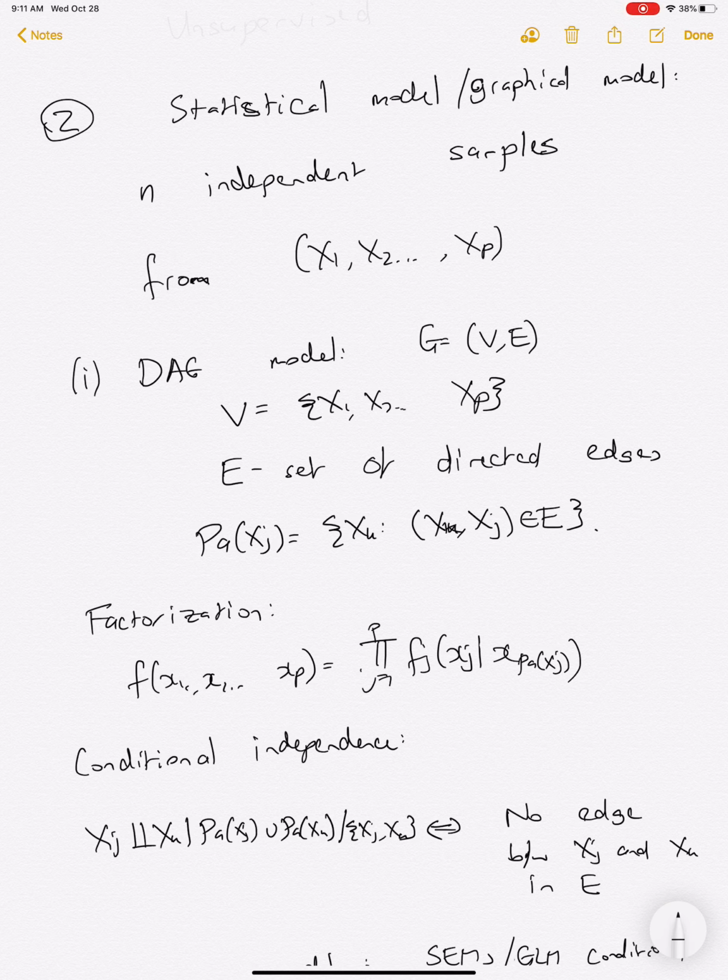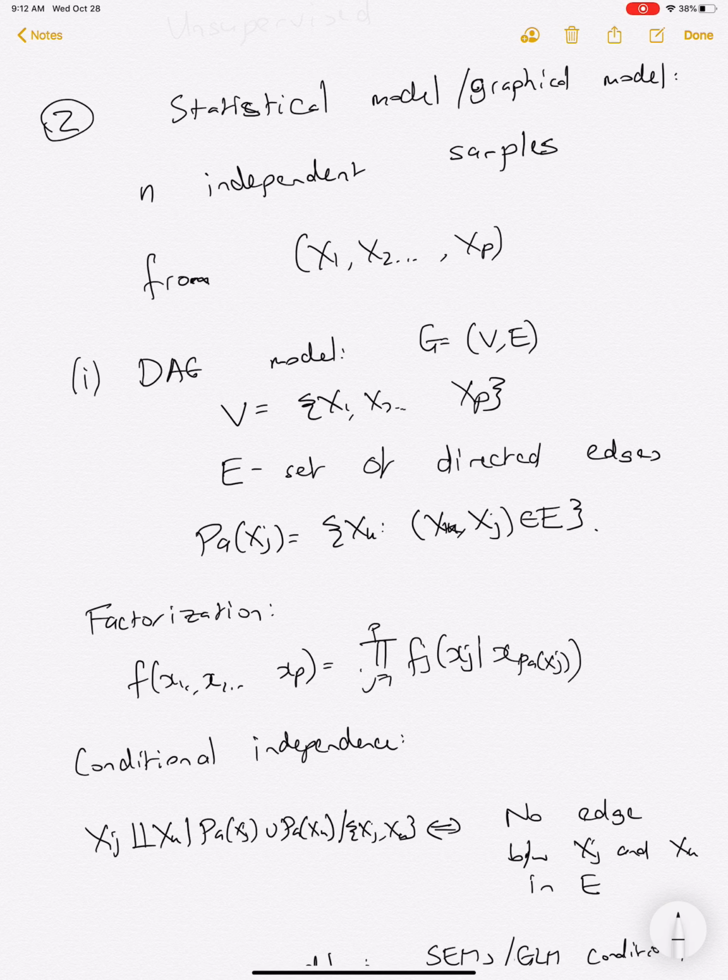For the DAG model, we have this graph G equals (V, E), where V is the random variables x1 through to xp, and E is a set of directed edges. Then we had this important concept of parents, which is all of the parents of xj, meaning all of the nodes where there's an edge going from xk to xj, and it's very important that that direction is right.